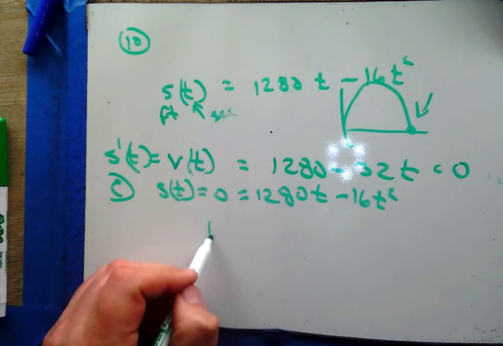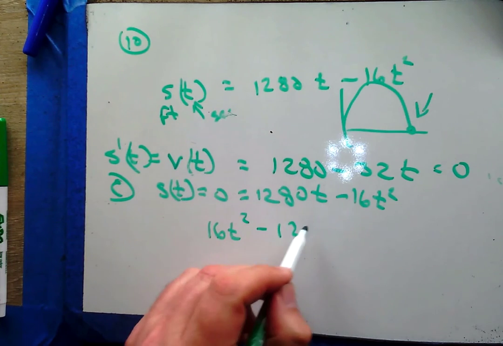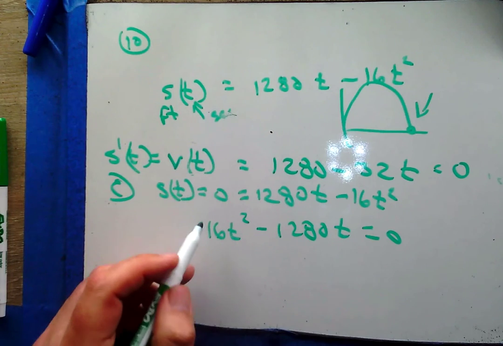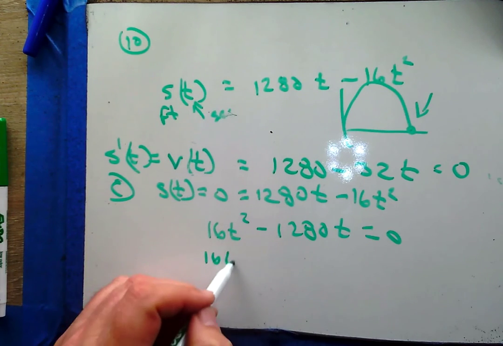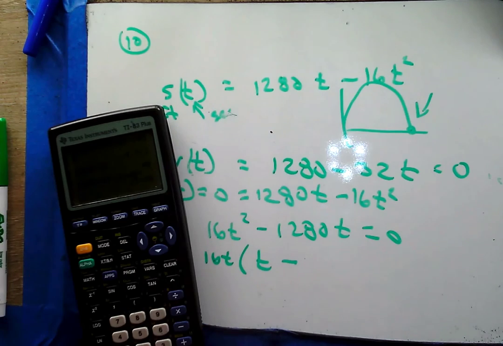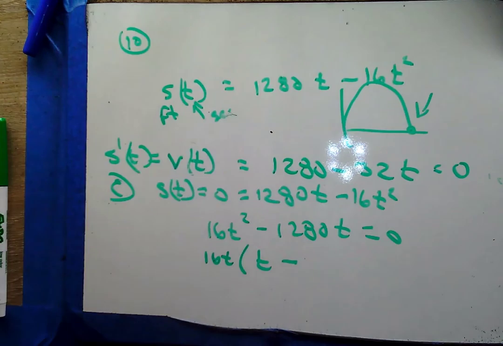So that means that 16t squared minus 1280t equals 0. I just moved everything over, and I'm not really sure why. I'm going to factor out a 16t, and I'm going to have t minus 1280 divided by 16, which gives me 80.